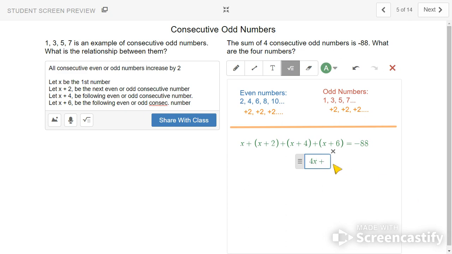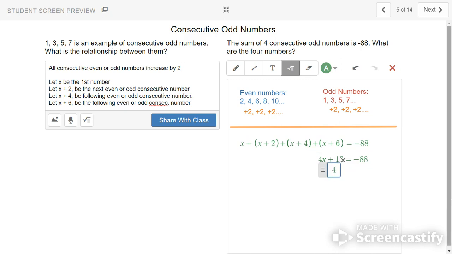We have 4x from the x plus x plus x plus x, and then the numbers 2 plus 4 plus 6, and that gives us 12. 4x plus 12 is equal to negative 88.